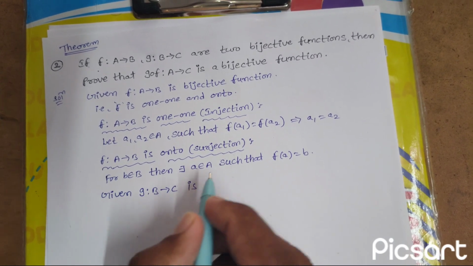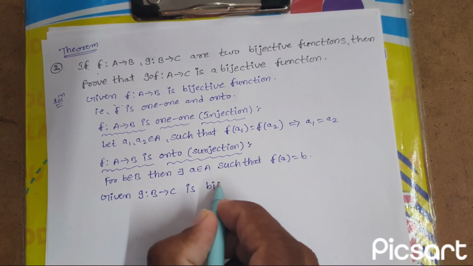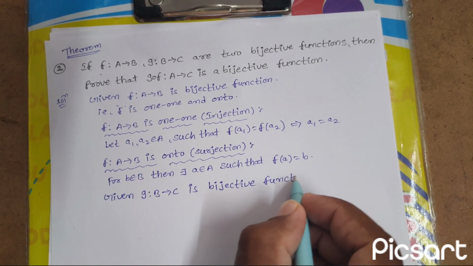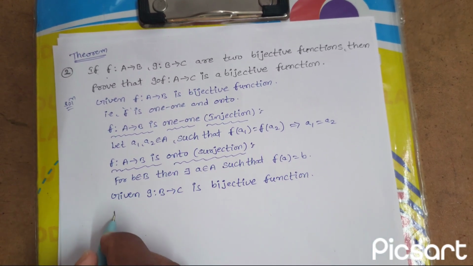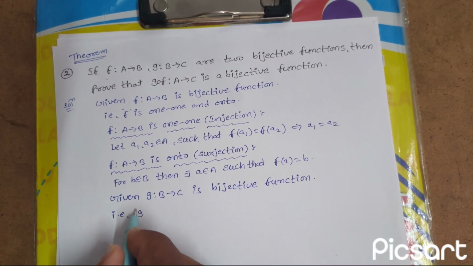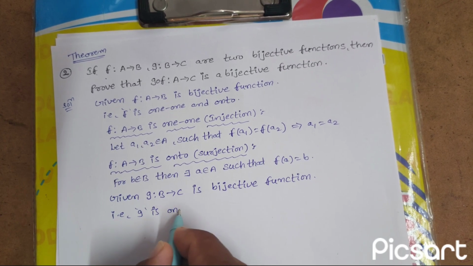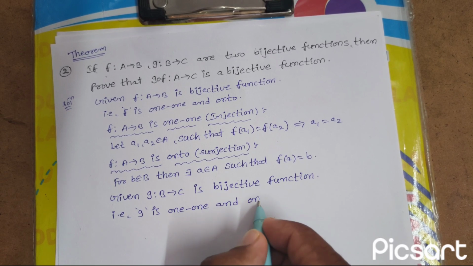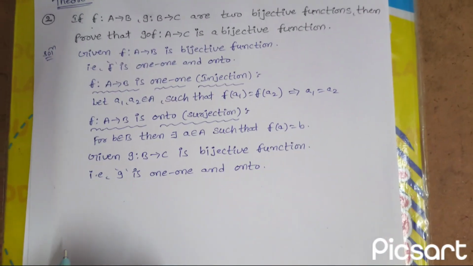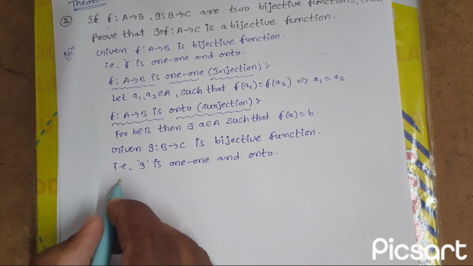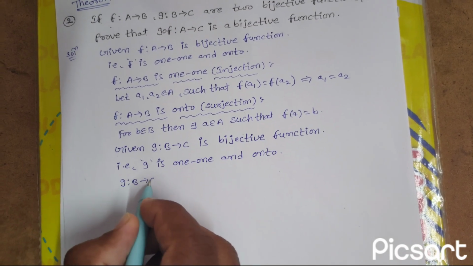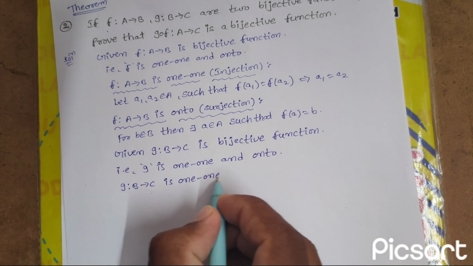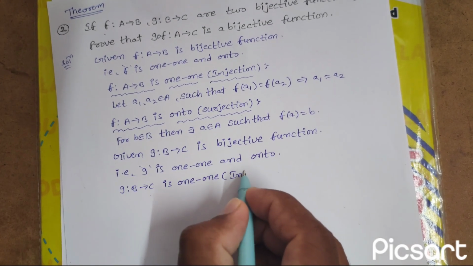is a bijective function. A bijective function is nothing but G is a 1-1 function and also an onto function. First we take G from B to C is a 1-1 function. A 1-1 function is nothing but injection.